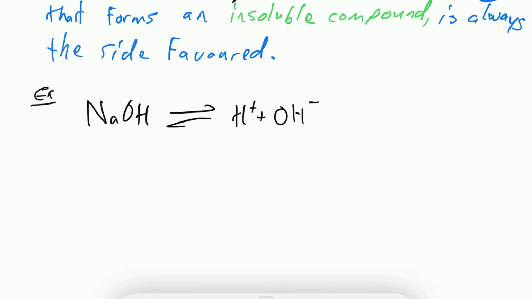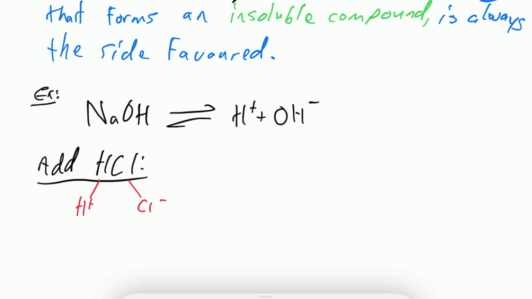Okay, so we have another example over here. And let's say I add HCl. Now HCl is a strong acid, so that's going to break down at H plus and Cl minus. Cl minus is an uncommon ion here, and it doesn't form any insoluble compounds with any of these substances.